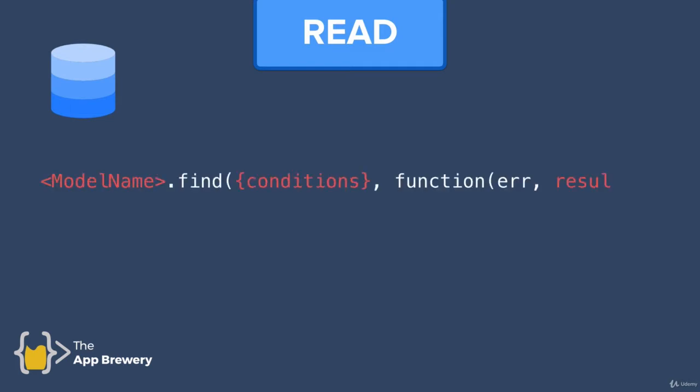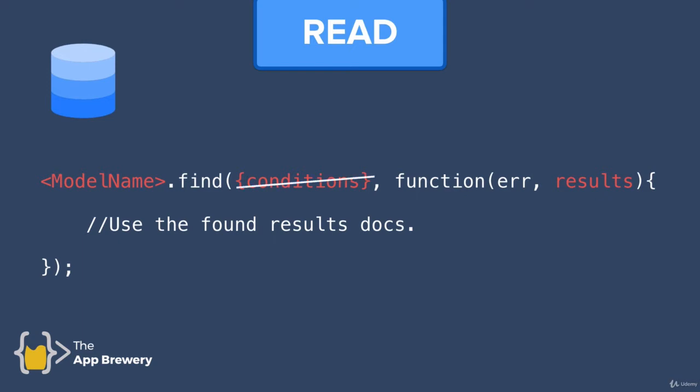And behind the scenes, in terms of our database, we're going to be reading from our database. So we're going to need to tap into our model that contains all our articles, and we're going to find the documents that match a particular condition. In this case, because we want to fetch all of the articles in our articles collection, we're actually going to leave that condition empty, and that will find us everything inside a particular collection.